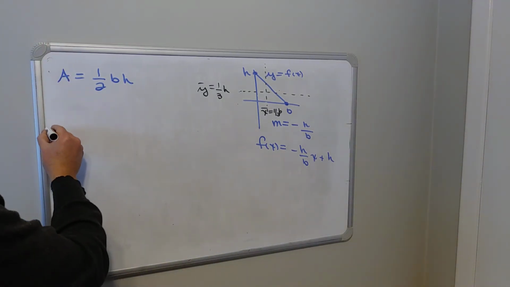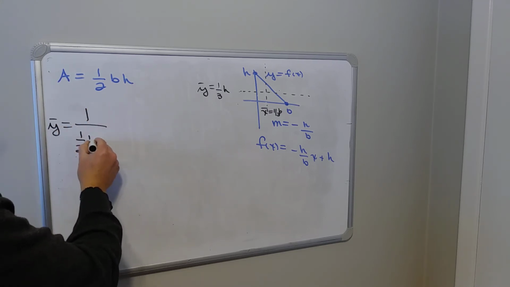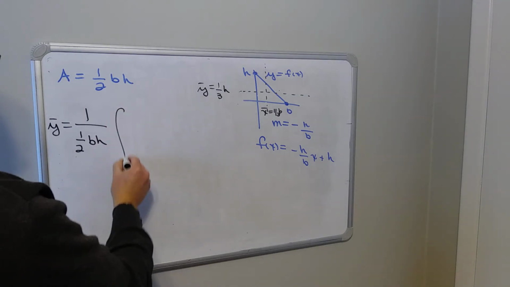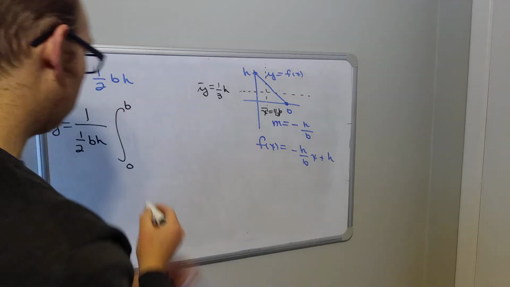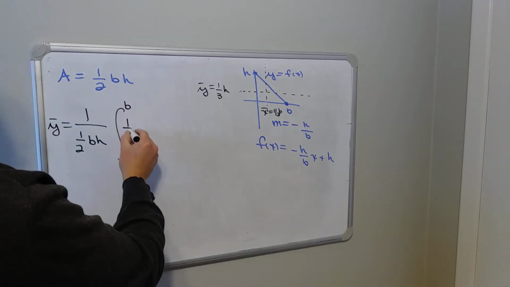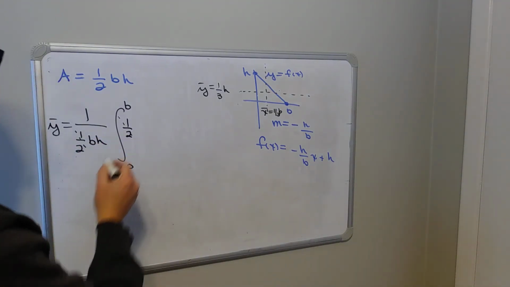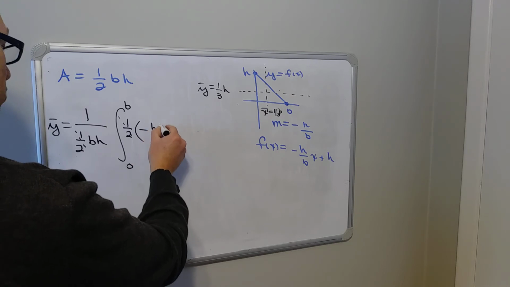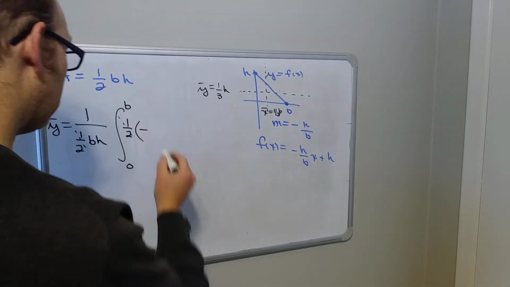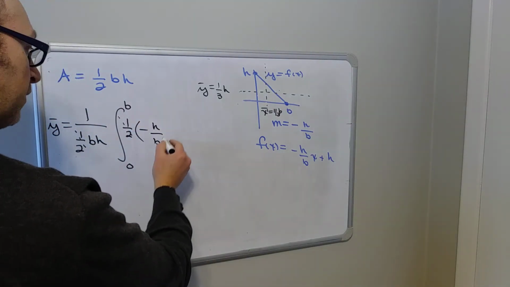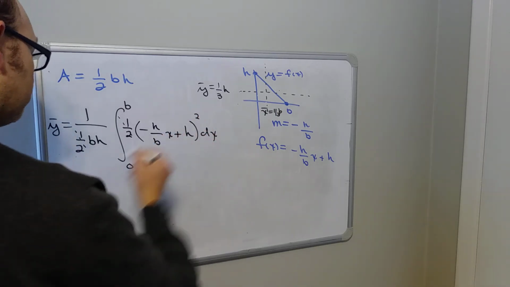Alright, so y bar is equal to 1 over the area times the integral from 0 to b of 1/2 times the quantity negative h over b x plus h, quantity squared, dx.